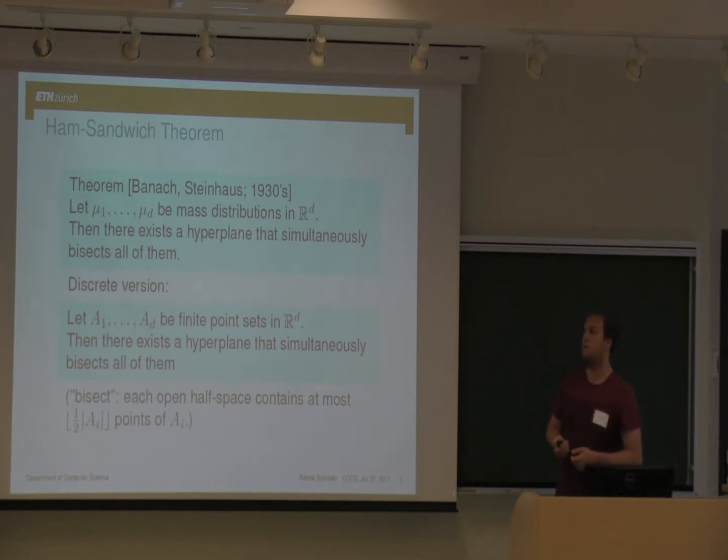Of course, as computational geometers, we're also interested in discrete versions, so this whole thing works for point sets, and all the results that I'm going to present, even though I present them in the more general framework of mass distributions, also work for point sets.